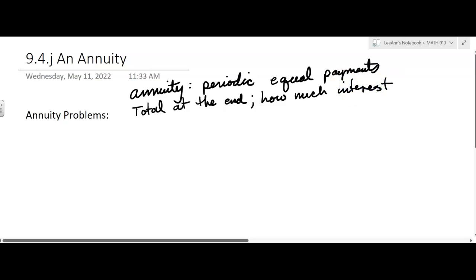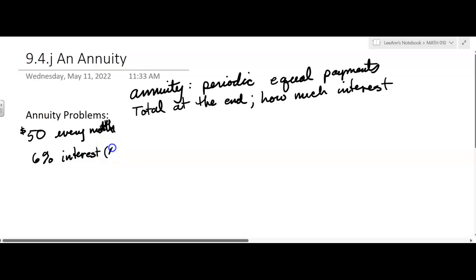Okay, so that kind of sets us up. So in the example they give in the book, there's a couple and they're going to put in $50 every month for their kids' college. Okay, so they're putting in $50 every month. The annuity, the account, earns 6% interest, and it's compounded.